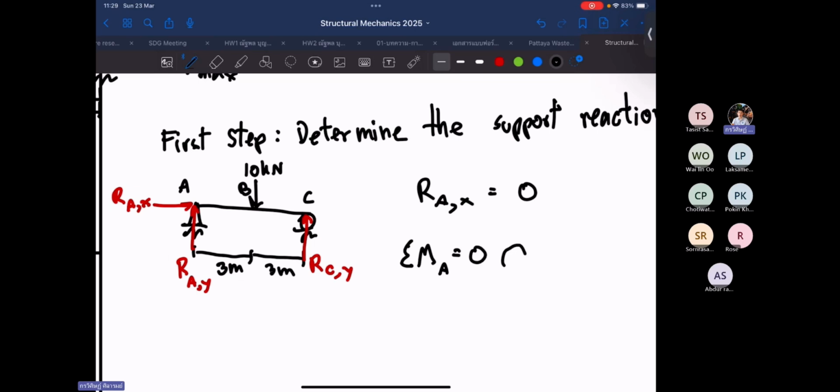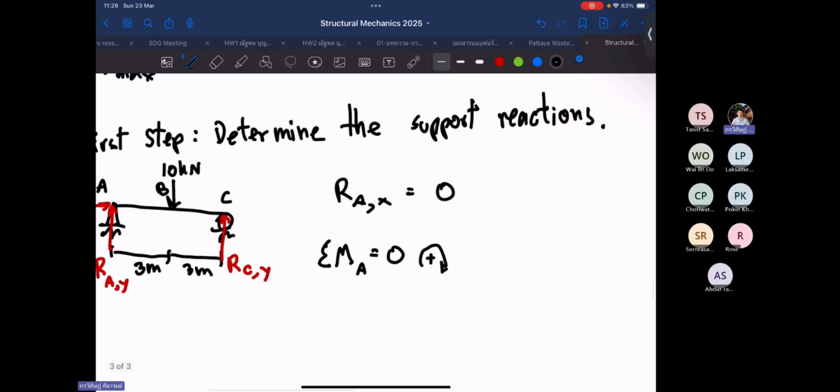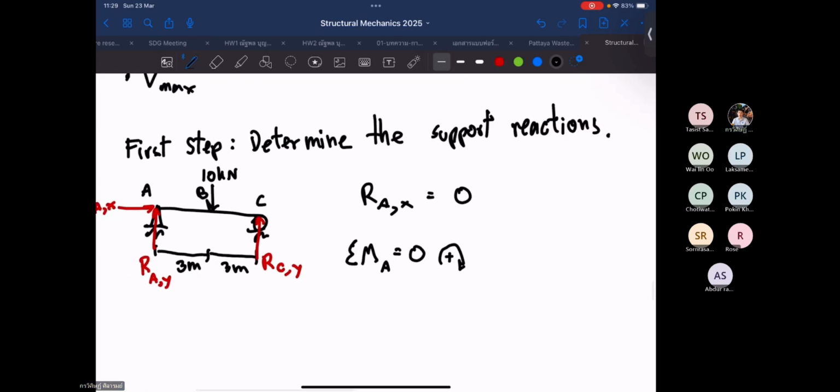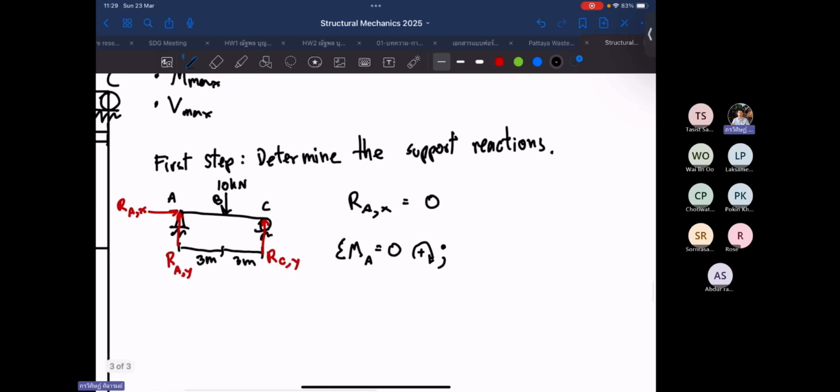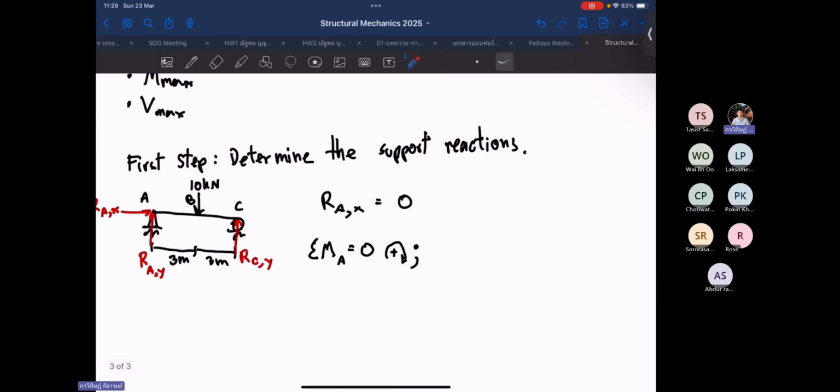And this one I assign that the clockwise moment is positive. Then we get that first force is force B, multiplied by moment arm 3 meter, so 10 kilonewton multiplied by 3 meter.